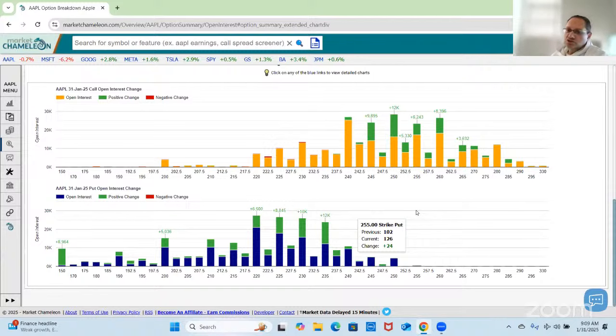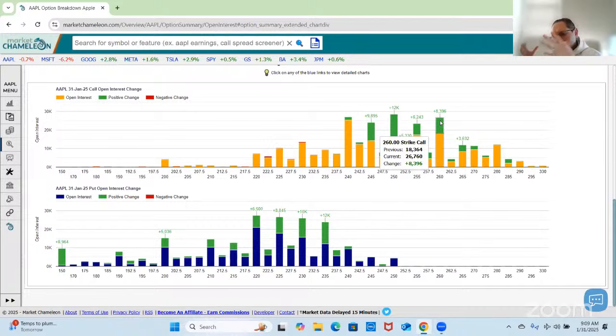So those outstanding positions increased, and probably the largest one right here was on the 250 strike, followed by the 245 strike, and you can see here up to the 260 strike. So a lot of probably trading and activity that translated to an increase in open interest.